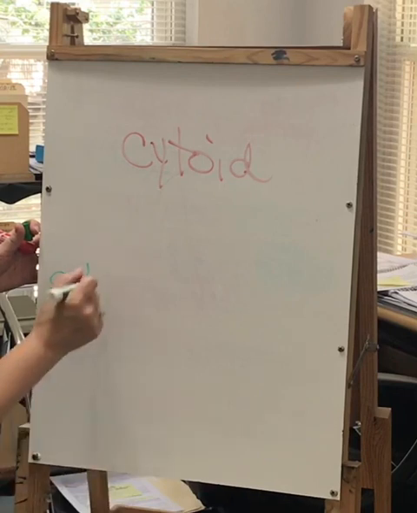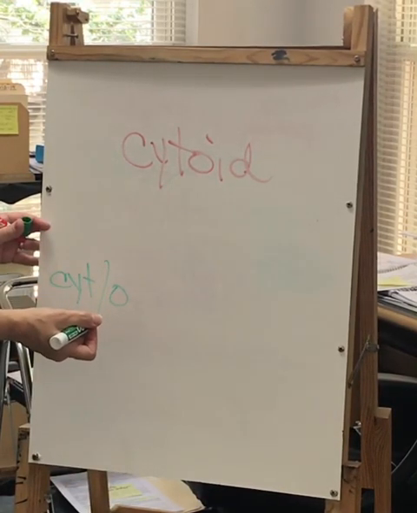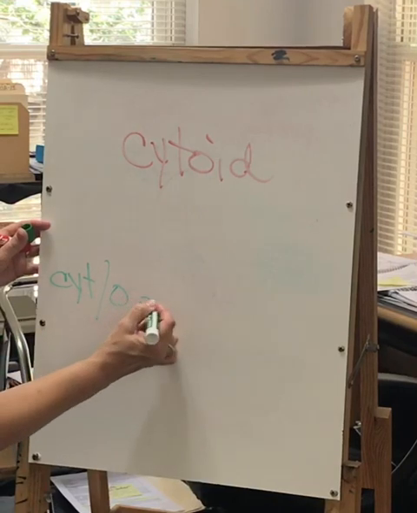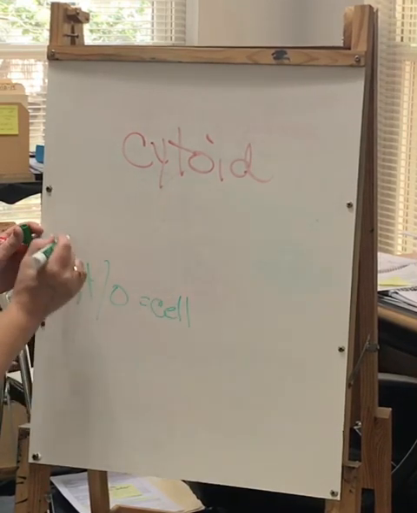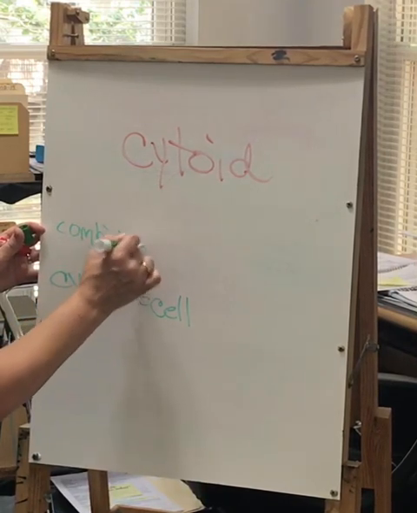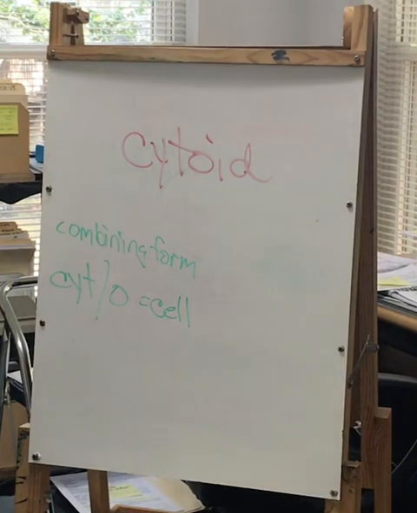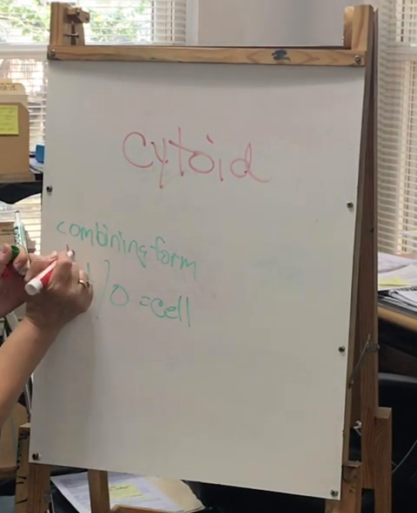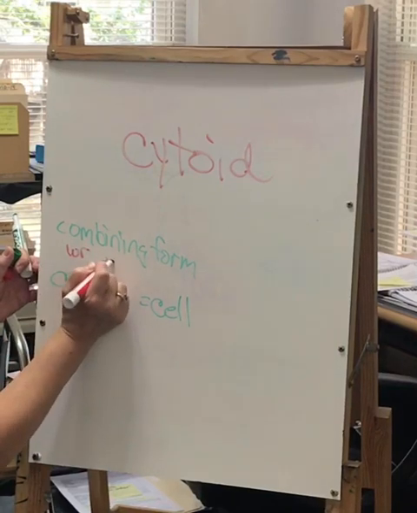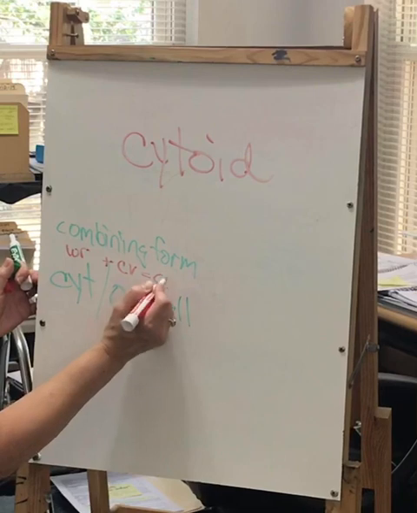I want to put the slash in the right spot. That was your combining form for cell. Now it was labeled as a combining form. Your job is to remember, even though they didn't label it as such, a combining form means word root plus combining vowel gives you the combining form.